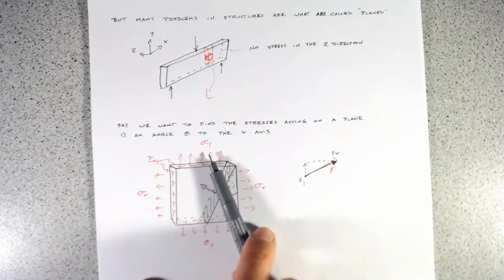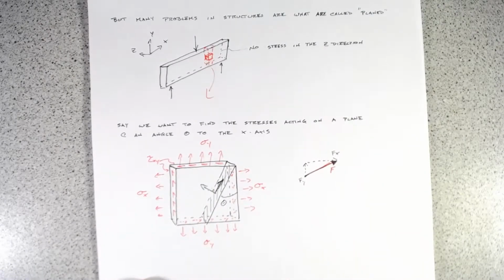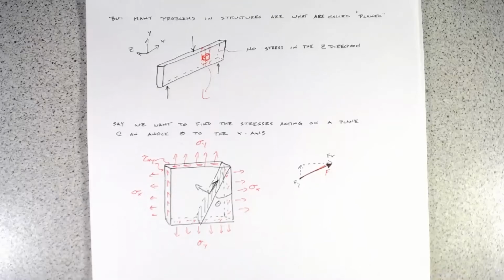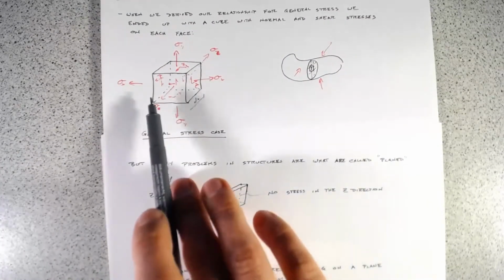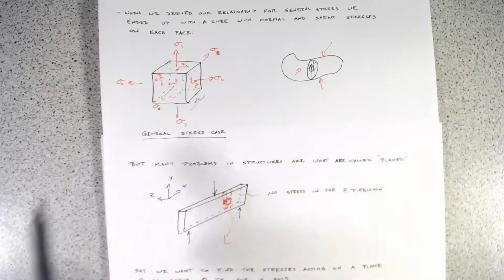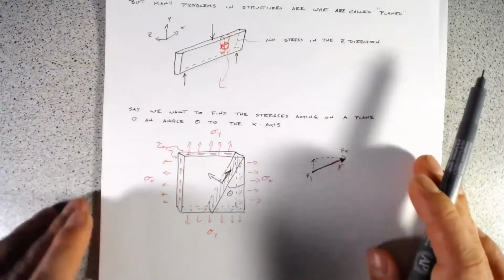We'll have some stress in the y, some stress in the x, and some shear all the way around, and that's great. That's not too different from our general case. We've just taken off any stresses acting in the z direction. So there's nothing overly complicated there.